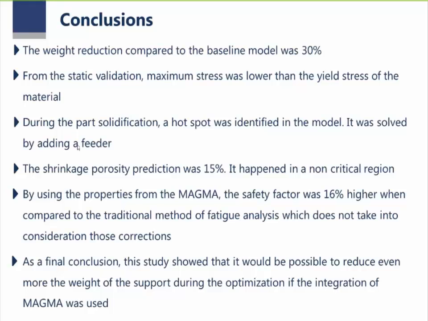During the part solidification, you could see a hot spot in the model, but it was very easily solved by adding some feeder. And also, we could see some shrinkage porosity prediction of around 15%, but it happened in a non-critical region, not in a mechanically critical area.